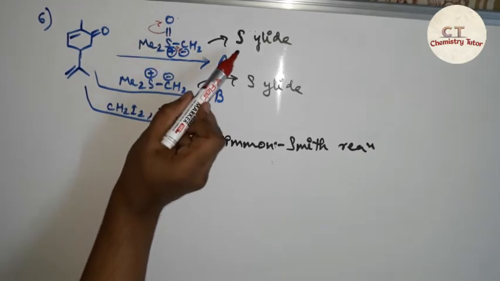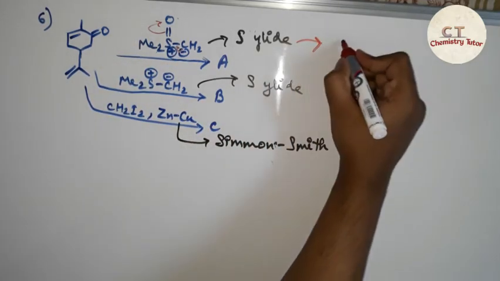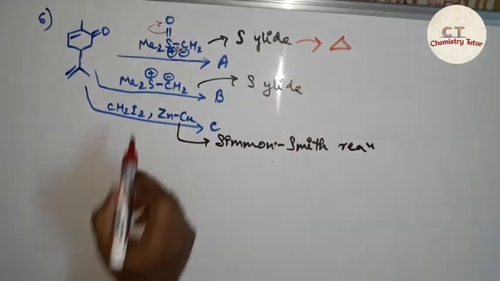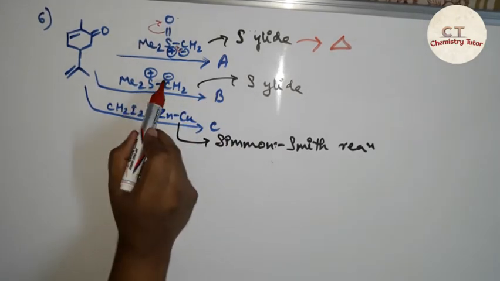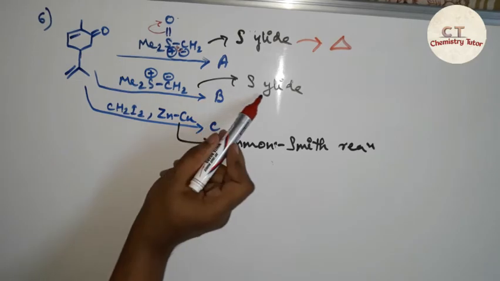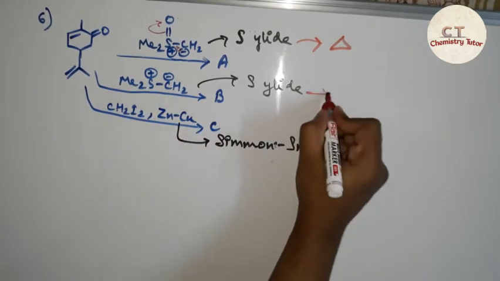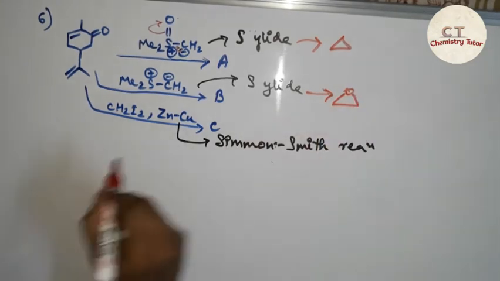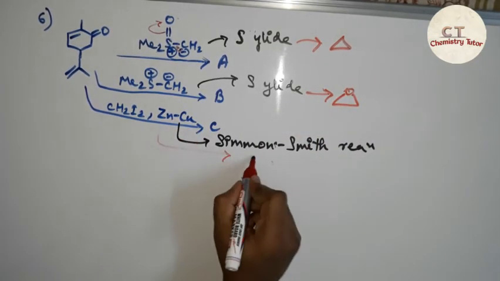Whenever you see a sulfur ylide which is stabilized, then it will result in the formation of cyclopropane. And this one has no stabilization of this negative charge. So whenever a sulfur ylide has no stabilization, this one will give us an epoxide, and this one is the Simmons-Smith reaction. It is going to give us a cyclopropane.